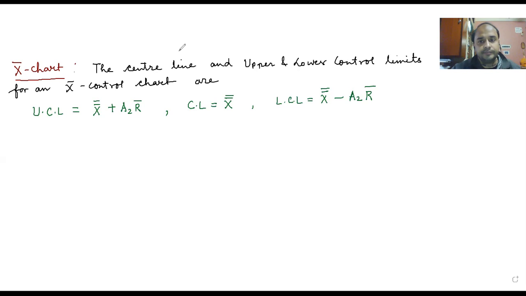And the corresponding R chart is represented as follows.